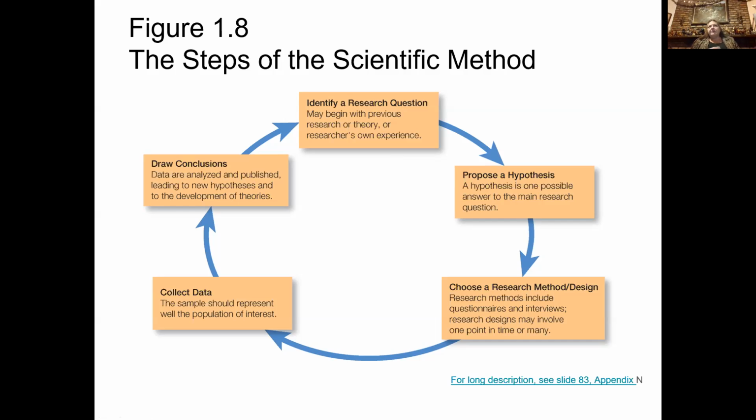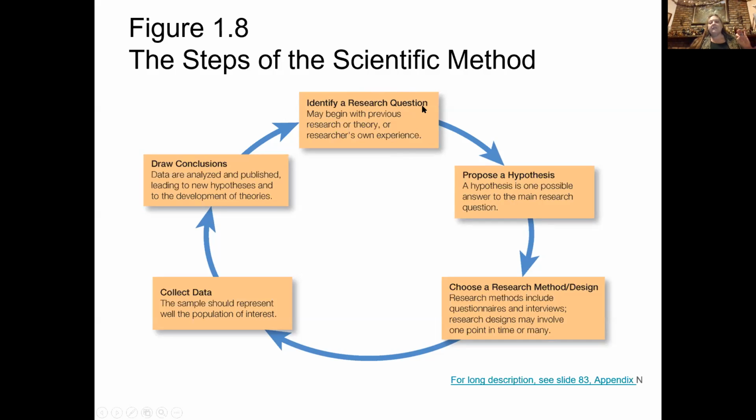So oftentimes a researcher might be reading other literature and say, oh my goodness, I wonder if they would have looked at this problem this specific way, maybe they would have gotten a different outcome or could have found some more answers to the questions this way. Or maybe an experimenter is doing their own research and something pops into their mind like, oh, maybe we should try something else. So that is how you're going to identify your research question.